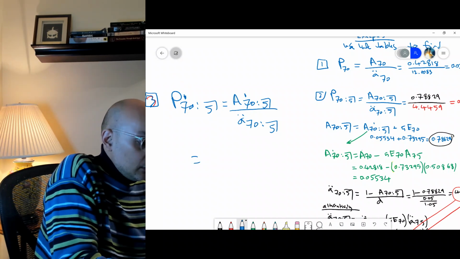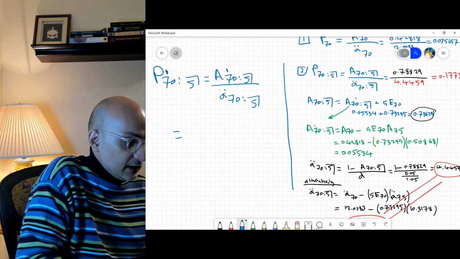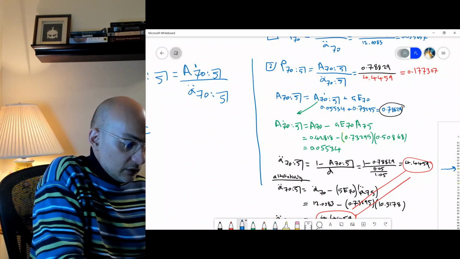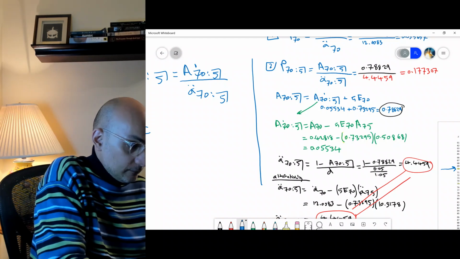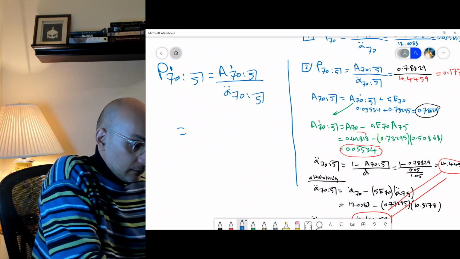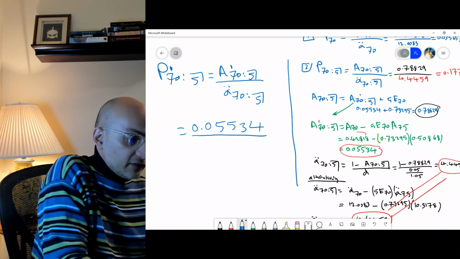So now the A75, we already calculated it, the A70 with 1, which is this one here. And the same denominator.